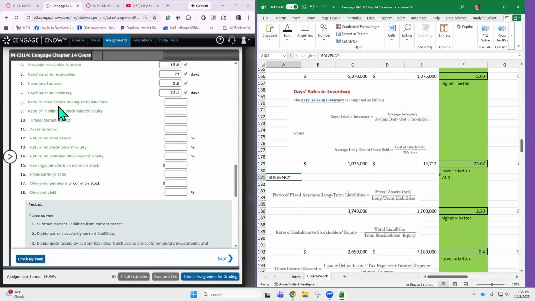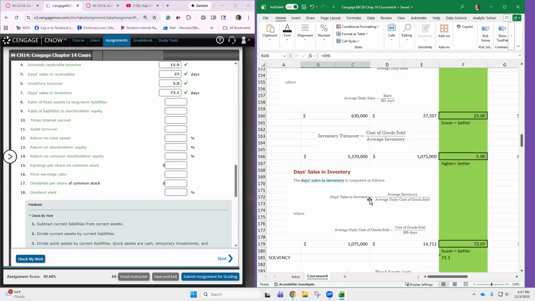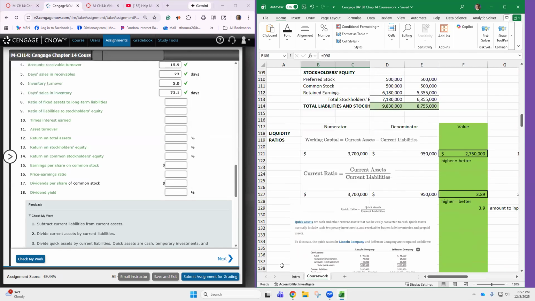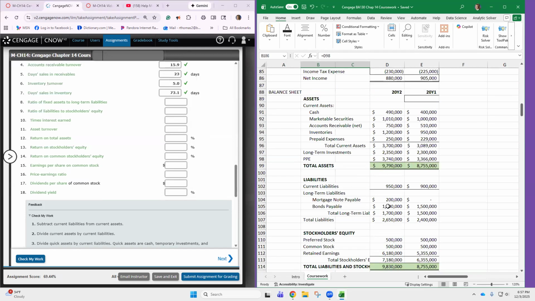We got the ratio of fixed assets to long-term liabilities. Now that's pretty straightforward, but the fixed assets need to be net. They have done that, I think, already for us. And you say, what does net mean? It means all the fixed assets minus their accumulated depreciation. So if I look at the balance sheet information I have been given, my PPE or my fixed assets, I don't have any accumulated depreciation.